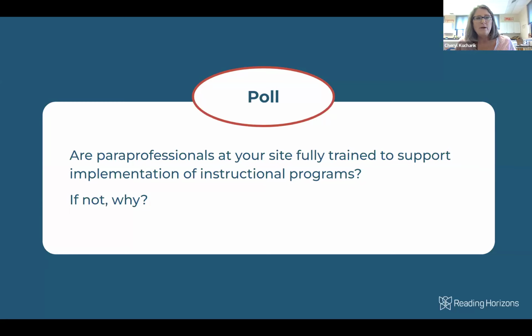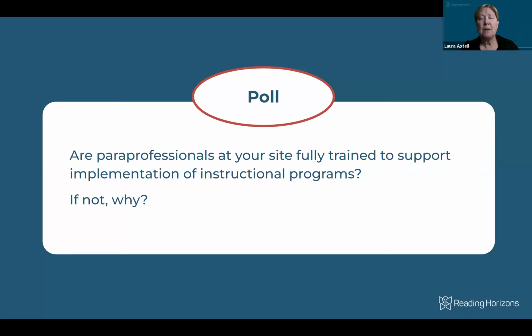So by helping a classroom teacher, having the paras have the exact same training, the para can go ahead and take a group and have that same instruction as the classroom teacher. So you're getting twice the coverage of students by having them trained.